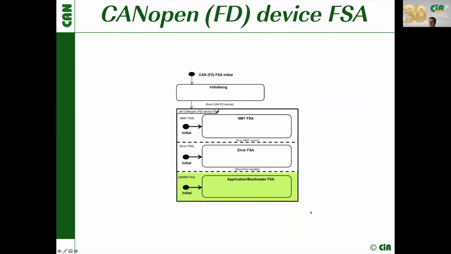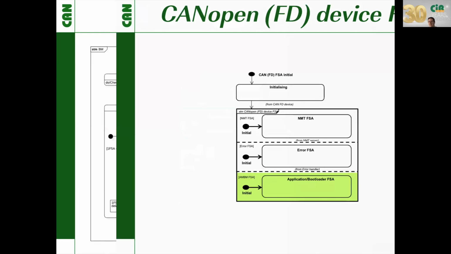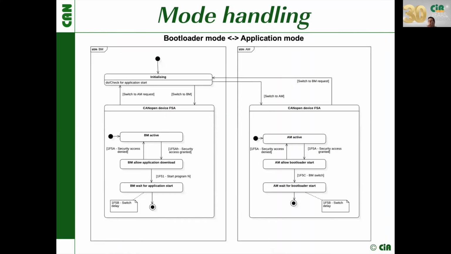Here, the green part, this is implicitly part of the CANopen FD specification, but here we have it now explicitly depicted that we consider also the application state machine and when the application state machine starts. And as this is clear, we know also the bootloader functionality is to be considered as an application.